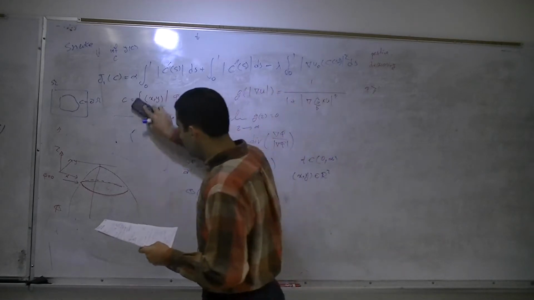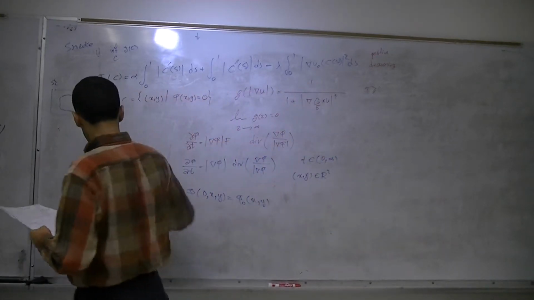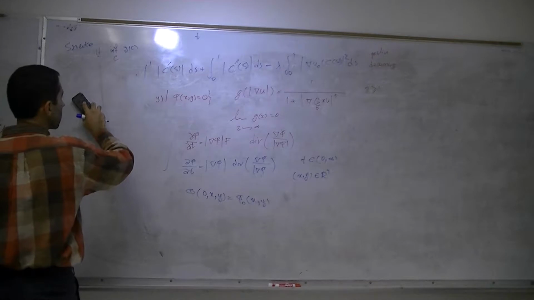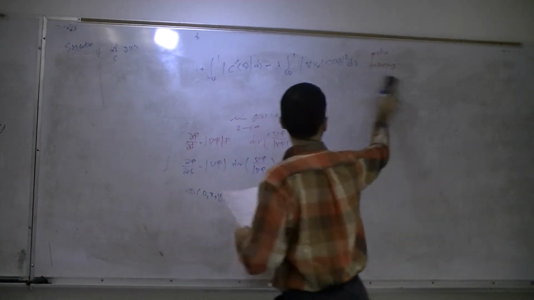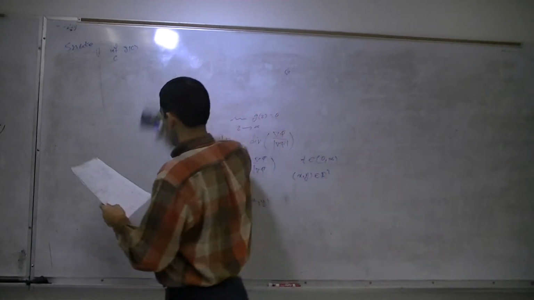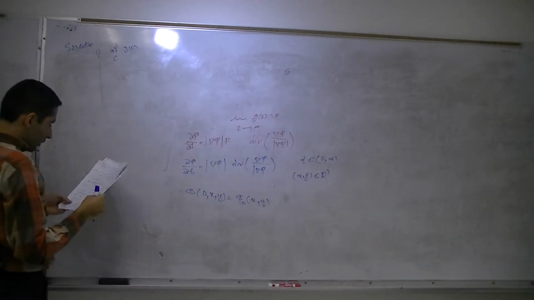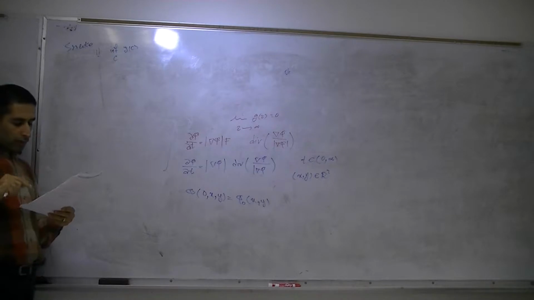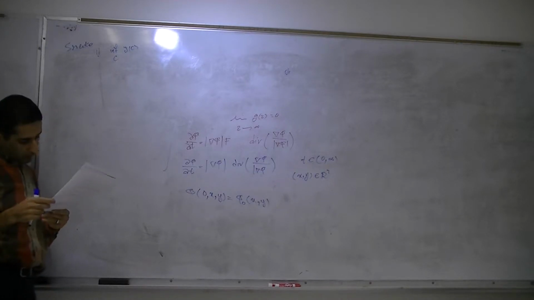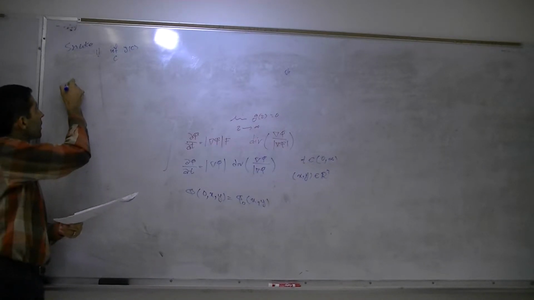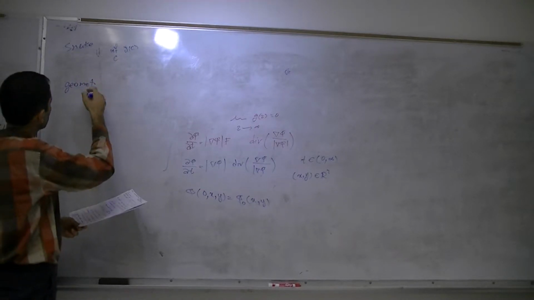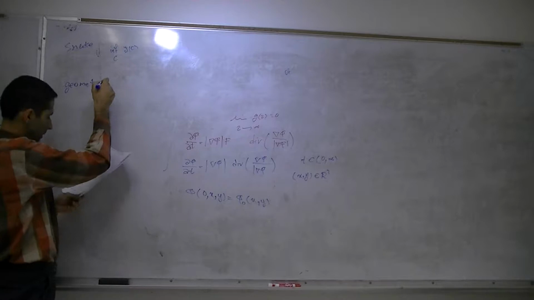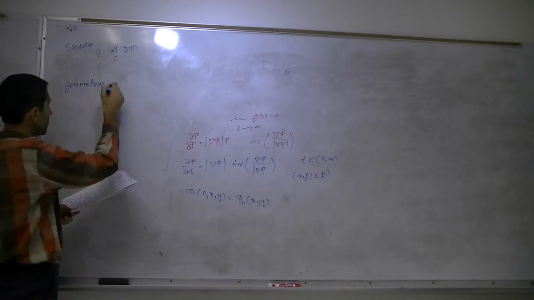Okay. Let's keep this one and go on. I think we don't need this objective function anymore. The other family of this kind of method is called geometric active contour.